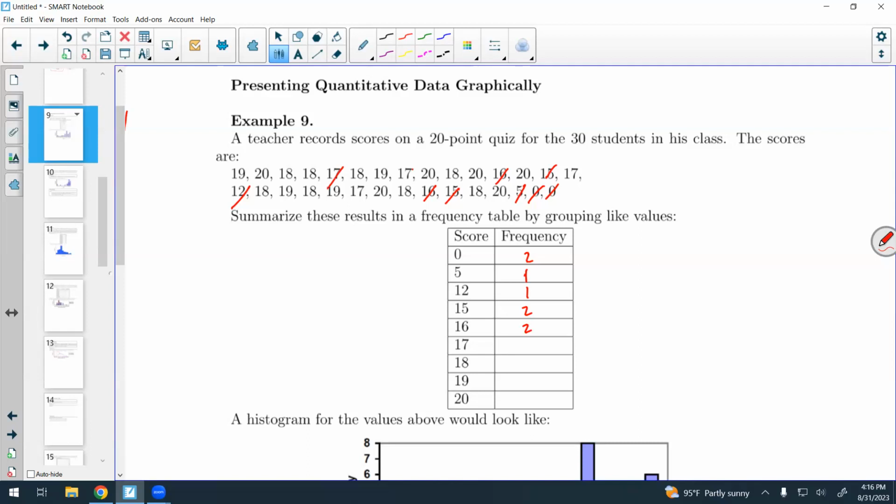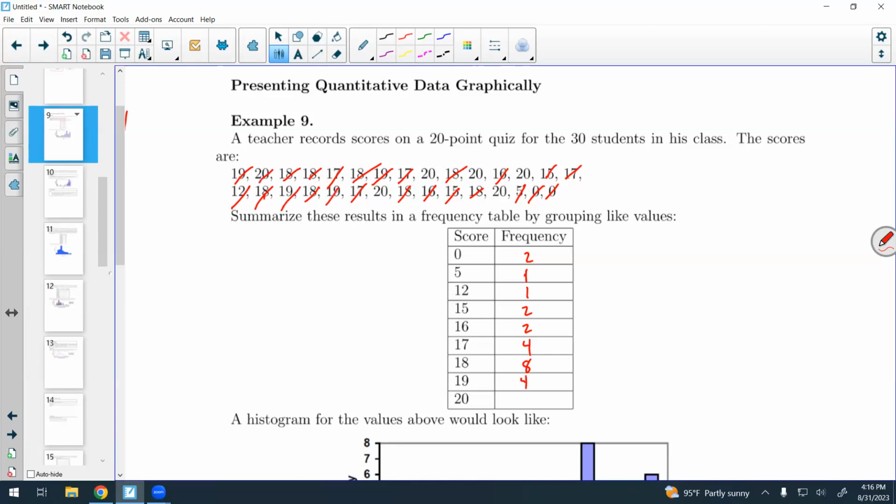17. 1, 2, 3, 4. 18. 1, 2, 3, 4, 5, 6, 7, 8. 19. 1, 2, 3, 4.